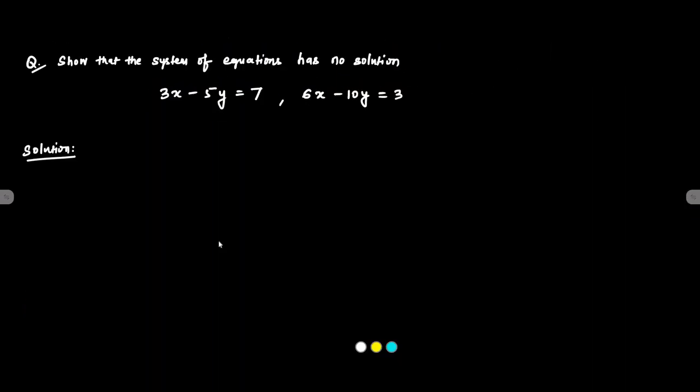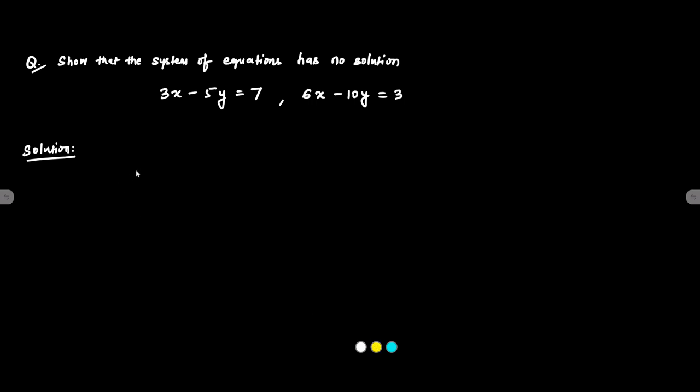Hello friends, so here is another question on conditions for solvability of linear equations in two variables. It is given: show that the system of equations given below has no solution. The equations are 3x minus 5y is equal to 7 and 6x minus 10y is equal to 3.